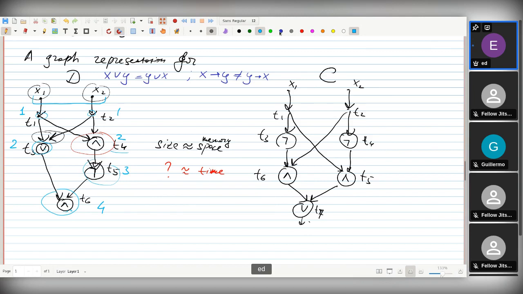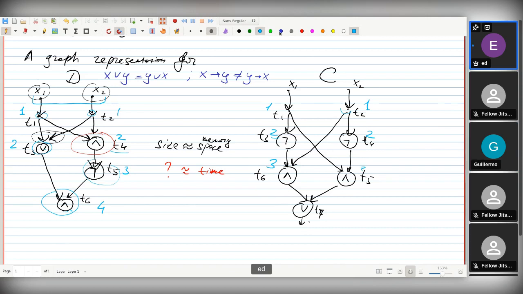And what about this one? 1, 1, it is more symmetric, it is easier to consider. 2, 2. What about this one? The first argument will establish the correct value after 2 seconds, and the second one after 1 second. 3.